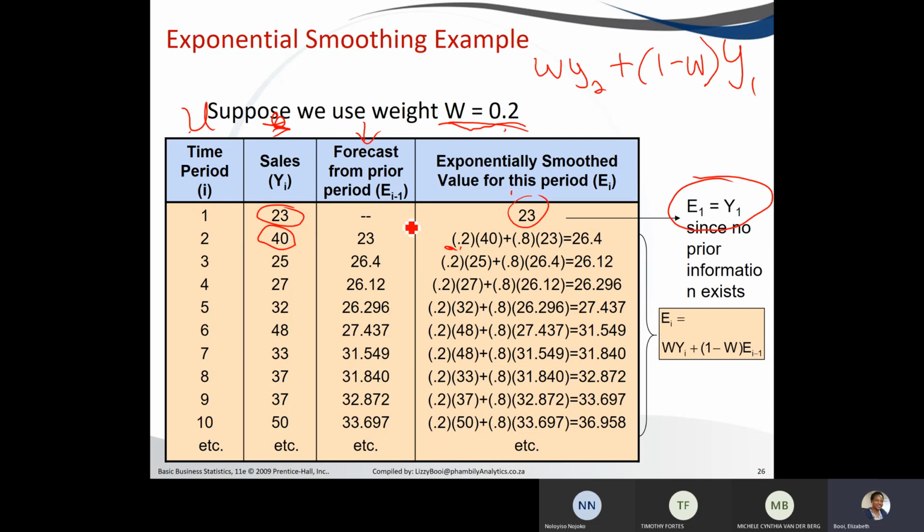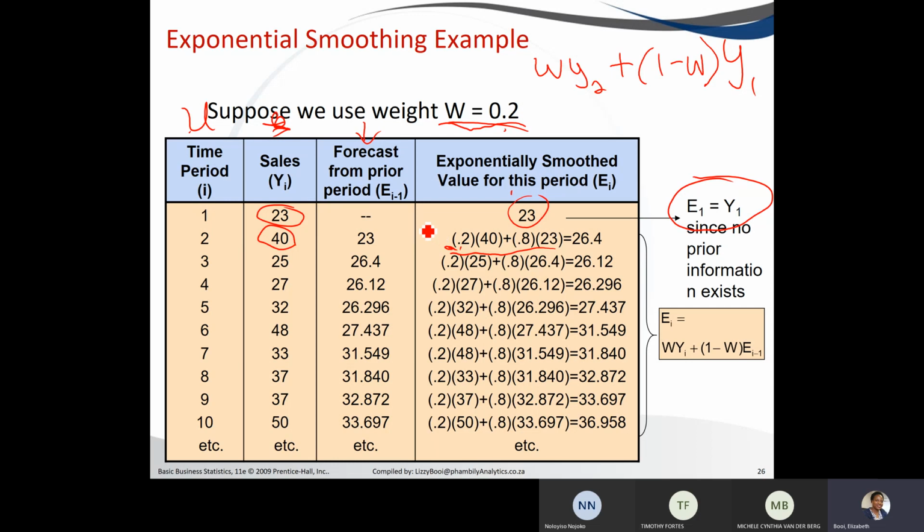And then we have our y1, which is 23. And when we solve this, it becomes 26.4. And that is 26.4. Then we move to the next one.